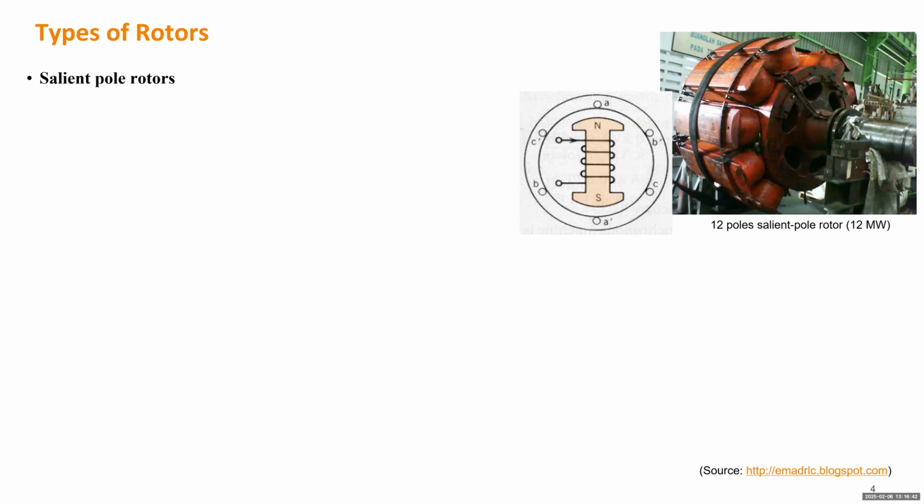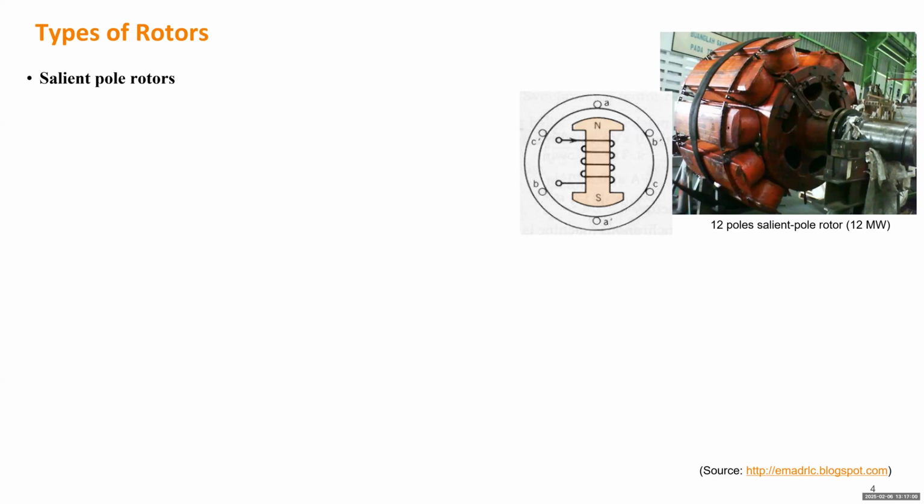You can also tell, obviously, that the air gap will increase in some directions. If you fit this one into a stator, the air gap will not be evenly distributed. The air gap will be larger between any 2 poles.